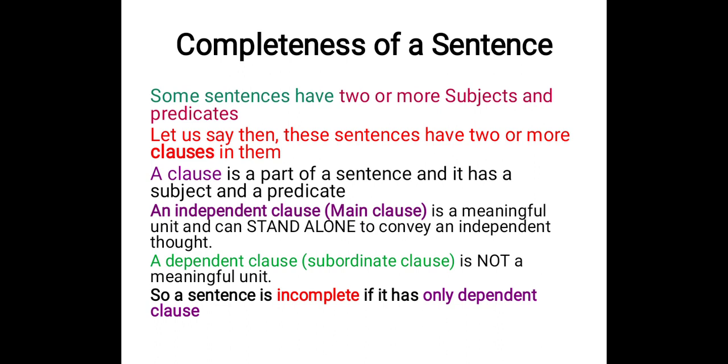It depends on another independent clause to complete its meaning. So, the point is that a sentence is incomplete if it has only a dependent clause. So, your sentences should be complete with an independent clause, or a dependent clause and another independent clause.